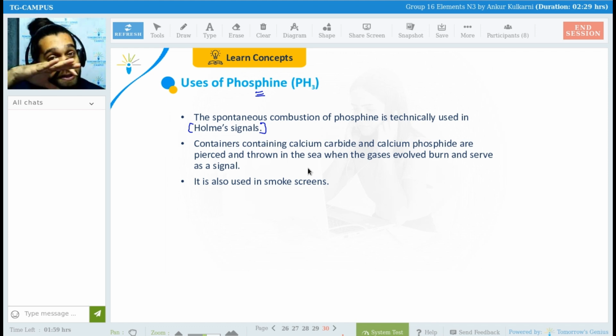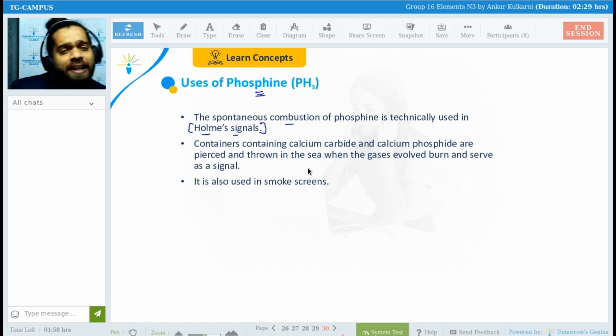If you drop it on the ocean, it will still burn on top of the ocean. Because phosphine, as I told you, is very reactive. If it combines with oxygen, it may explode. So this spontaneous combustion, we take advantage of that, and it even burns on the water. Imagine. In the ship, the crew use this signal to call for help. That's why I was talking about Titanic, not due to Jack and Rose.